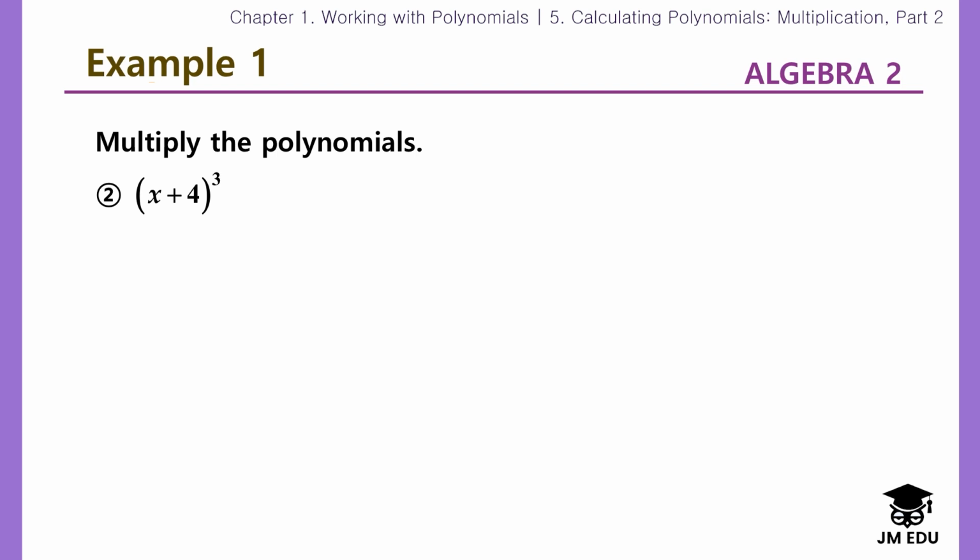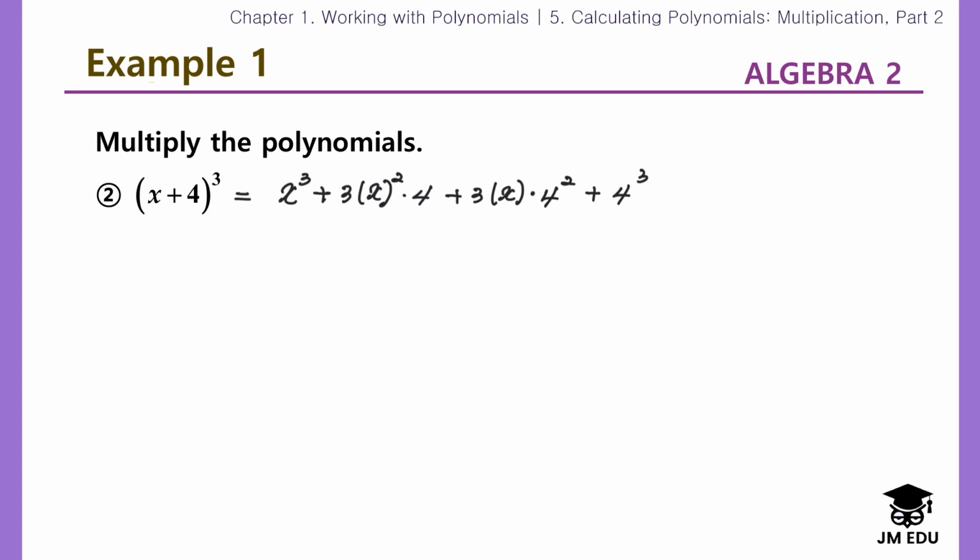Okay, number 2, we have a binomial cube, right? The formula for this was x cubed, first term cubed, plus 3 times first term squared times second term, plus 3 times first term times second term squared plus second term cubed, right? If you look at each term right here, x: 3, 2, 1, 0.